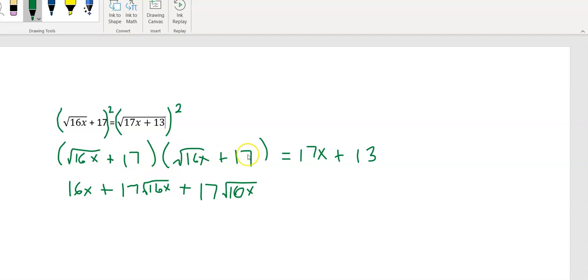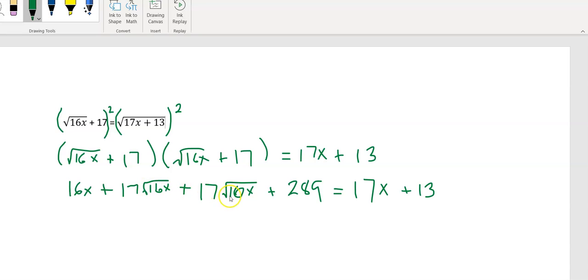Okay, now 17 times 17. I'll put that in my calculator. And that is 289. All right. Now, we still have radicals here. Let's add these like terms first.